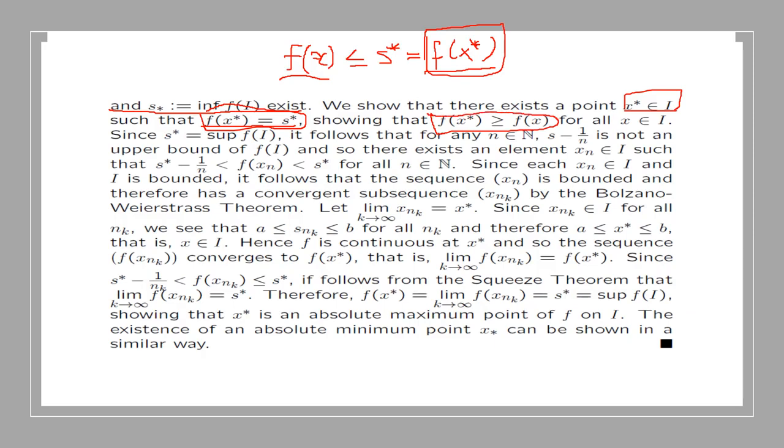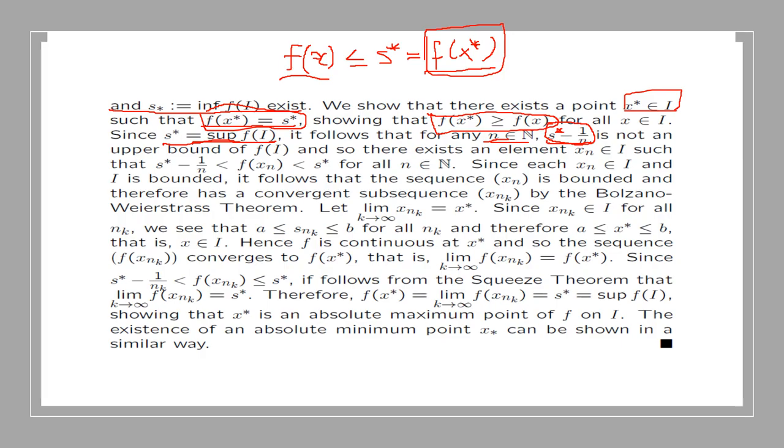Now, since s star is the supremum of f of I, then for every natural number n, s star minus 1 over n is not an upper bound of the set f of I. Because s star is a supremum, if you subtract something positive, what you get will no longer be an upper bound.